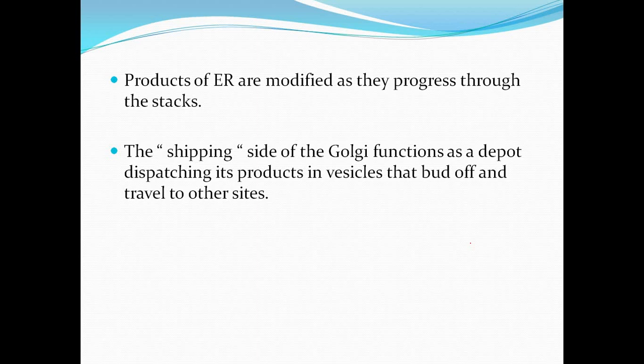As the vesicles enter the Golgi, the proteins get modified inside it and move towards the exit side. The exit side is called the shipping side. The shipping side of the Golgi functions as a depot, dispatching its products in vesicles that bud off and travel to other sites.